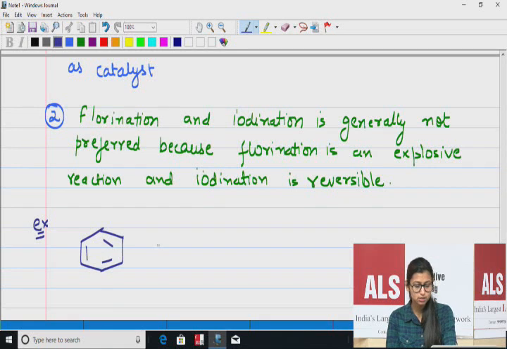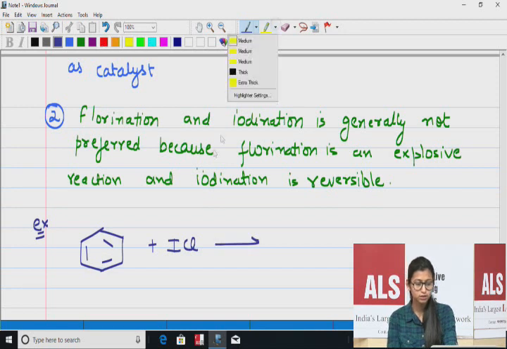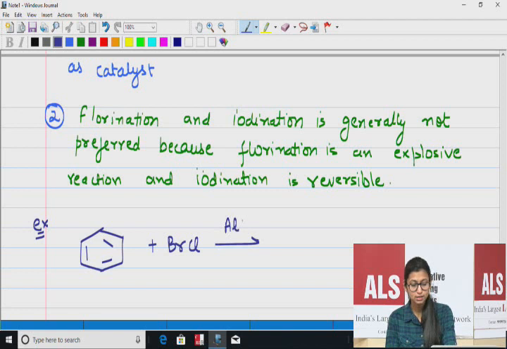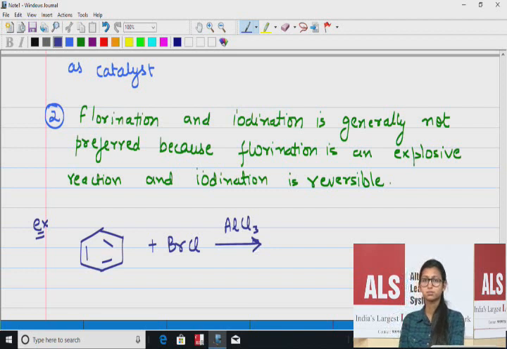Let's say this is the benzene, BrCl is given, and AlCl3. Tell me the product. Think about it, take your time and just tell me the answer. And I will give you the four options also.